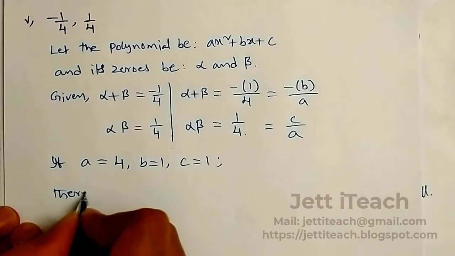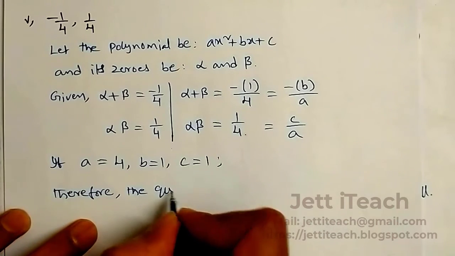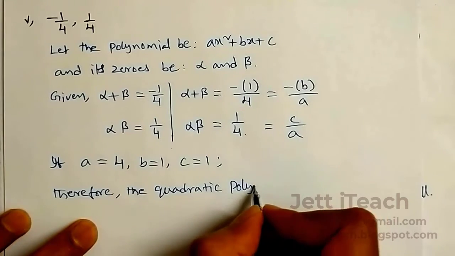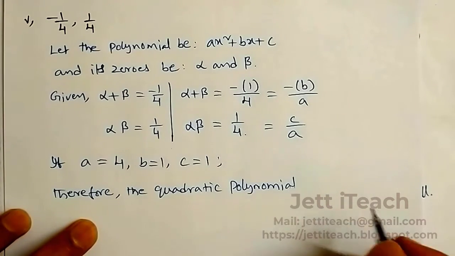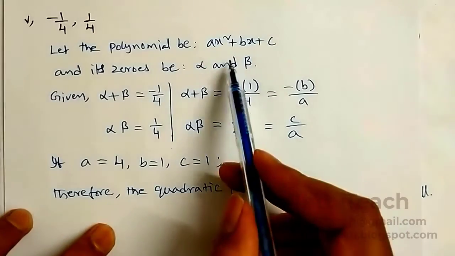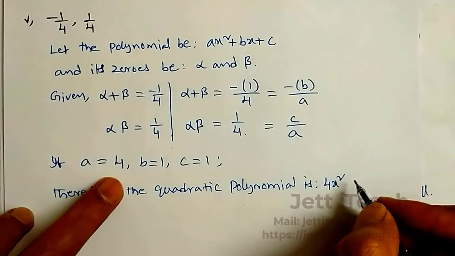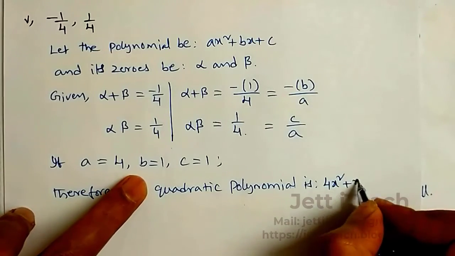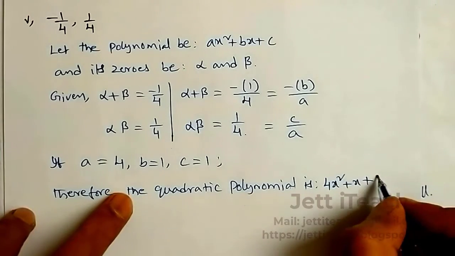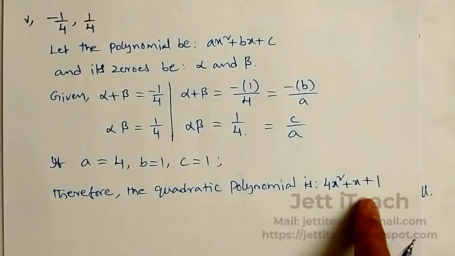therefore the quadratic polynomial is generally ax square plus bx plus c. So a value is 4, so 4x square plus x, b value is 1, so x, plus c is 1. So 4x square plus x plus 1.